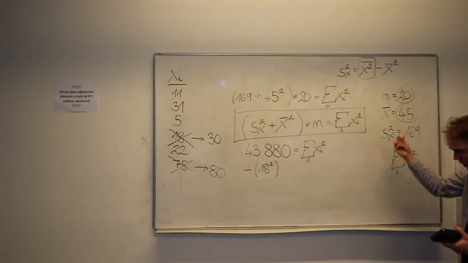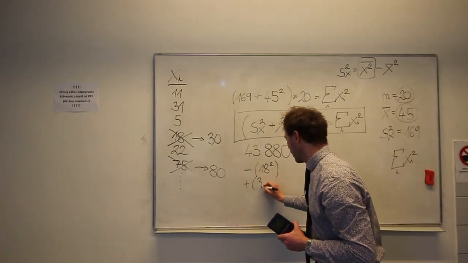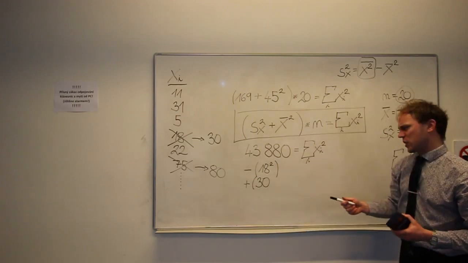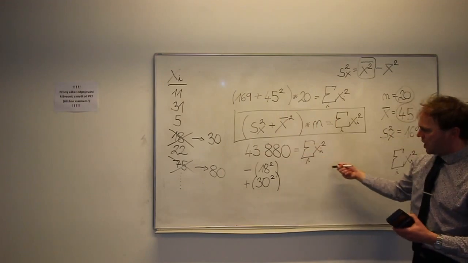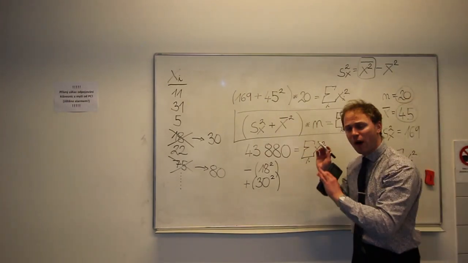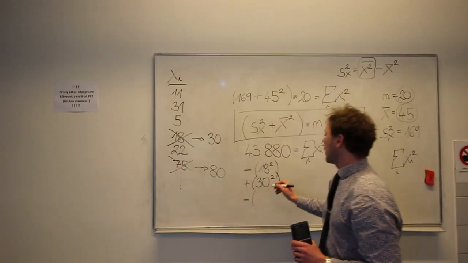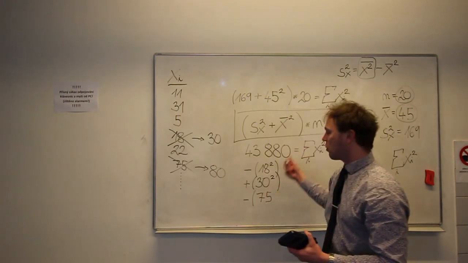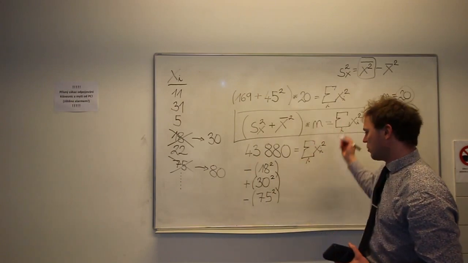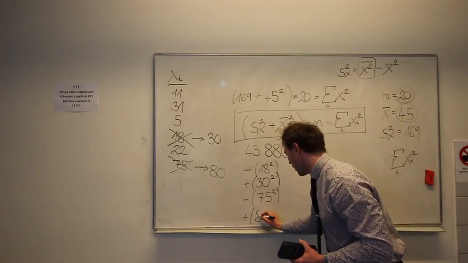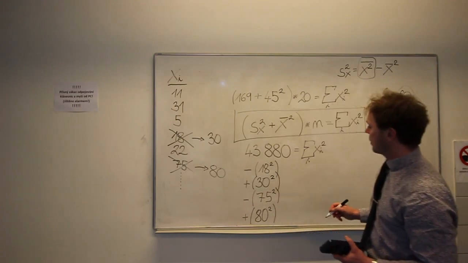And instead of this value 18, you must put here the value 30, but not only 30, but 30 in squares. Because everything here is in squares, because we are trying to modify the variance. And we can continue again, minus 75, but not only 75, everything is in squares. So in squares, and we must put here plus the value 80, but not only 80, but 80 squared.